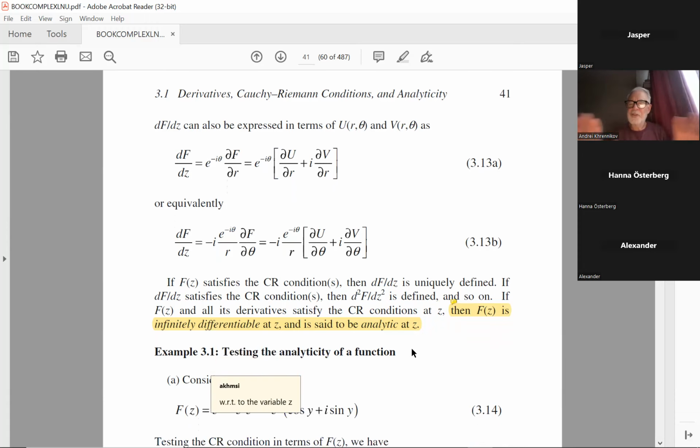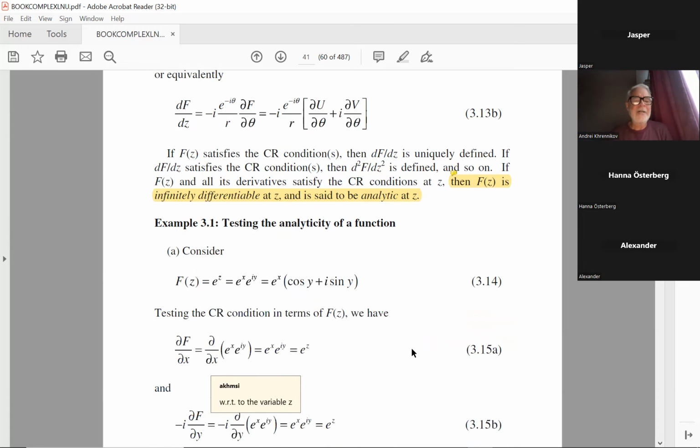On the exam, if there is a theoretical question, please give the definition of an analytic function. The definition is that it is infinitely differentiable with respect to z, all its derivatives are differentiable in the sense of real analysis, and all derivatives satisfy the Cauchy-Riemann condition.